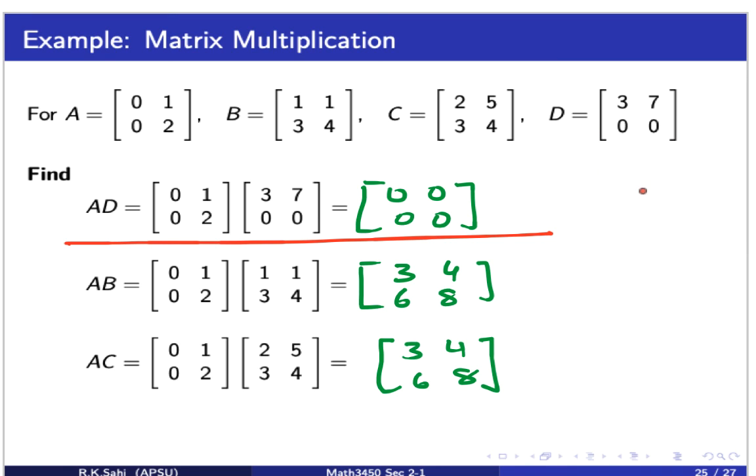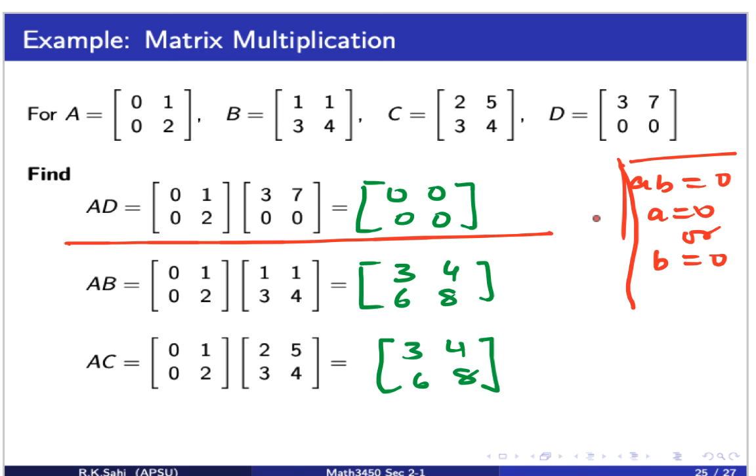Remember, in our real number system, before matrices, if we multiply two elements, if A times B is 0, and A and B are real numbers, then we said one of them had to be 0. Either A is 0 or B is 0. Remember the zero factor property? This zero factor property does not work in matrices, because if you're multiplying two non-zero matrices, it can give me a zero matrix.